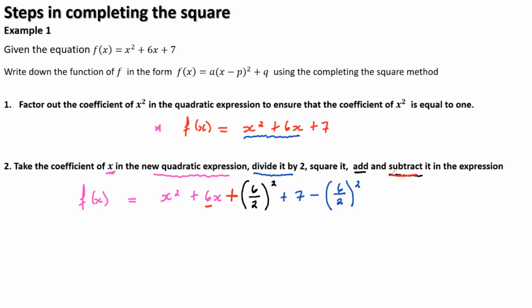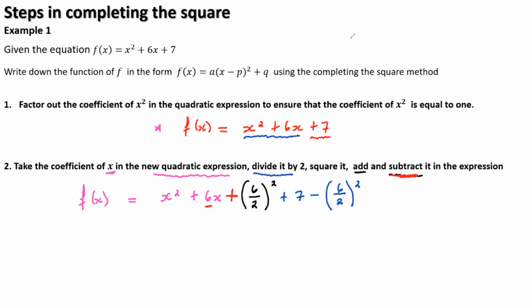But this time I subtracted, not forgetting my 7, my constant term. That's as far as I have in rule number 2. Take the coefficient of x again, divide it by 2, square it, add and subtract it. Okay, so that's rule number 2.